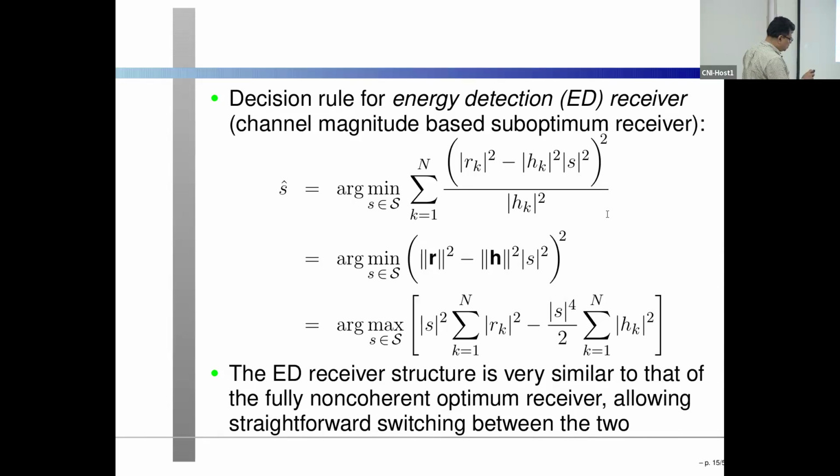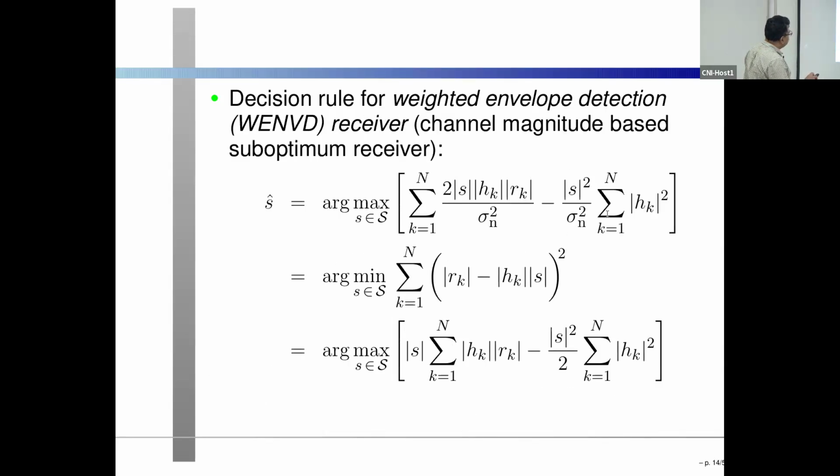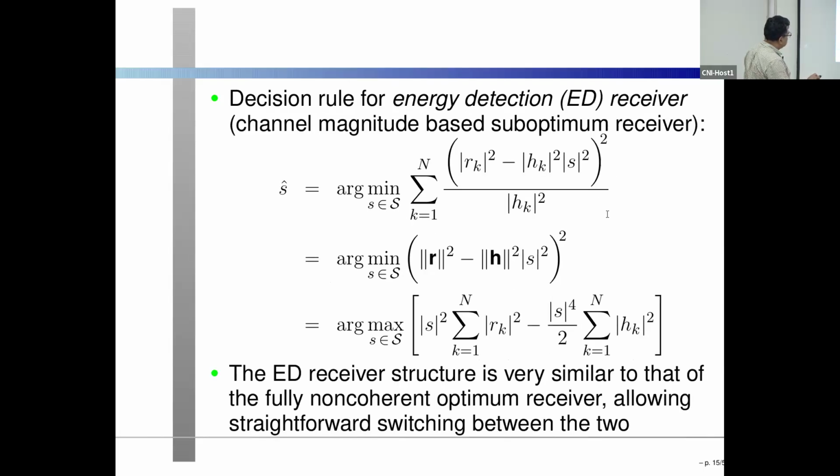So essentially the easier way to remember is this one is here, and the next one is this. They are basically least squares type solutions. Now the advantage of the second receiver is that it is similar to the fully non-coherent receiver in structure, because you have the energy, a scale factor on the energy which is signal dependent, and then you have a bias.